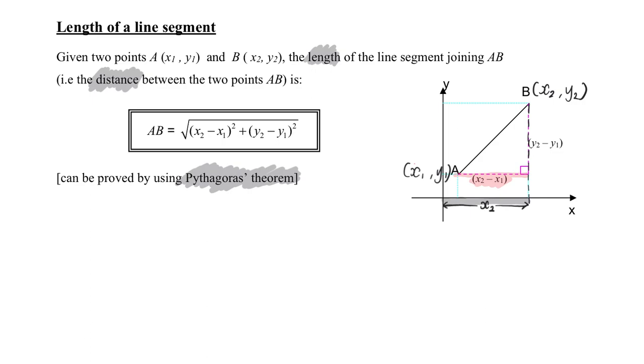Using the same idea, the distance here would be my x1, and therefore to get the red color distance, it has to be my x2 minus x1. And using the same idea, I am going to look at my distance here.